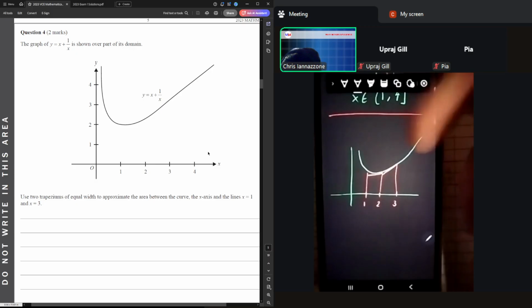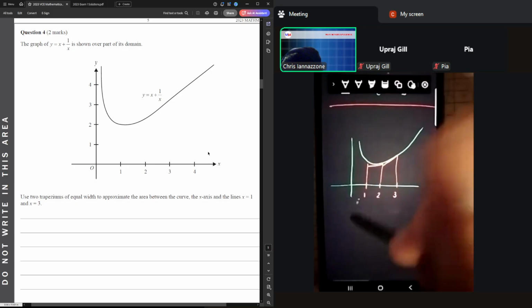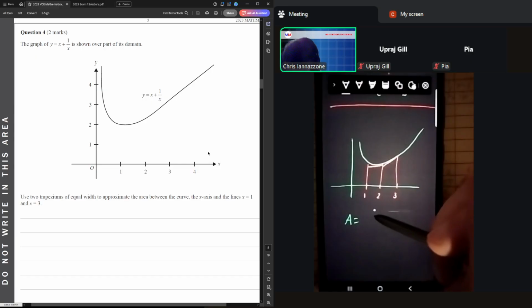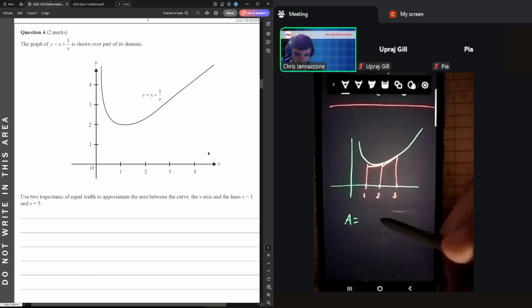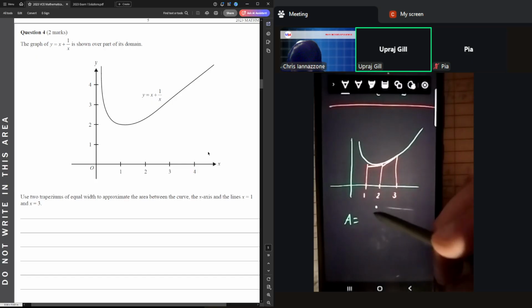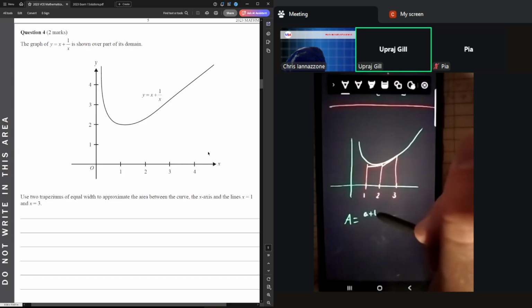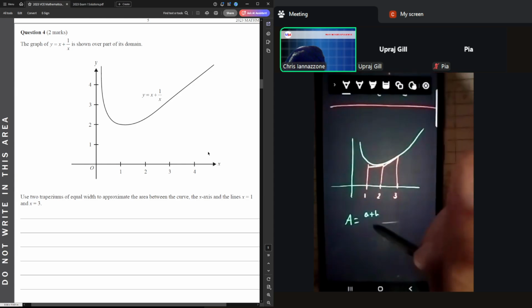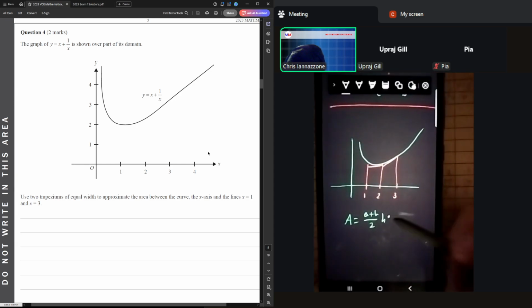And so the trapezoid area formula, what's that? It's like the A plus B, which is like the left and right, over 2, times H. Yeah, correct.